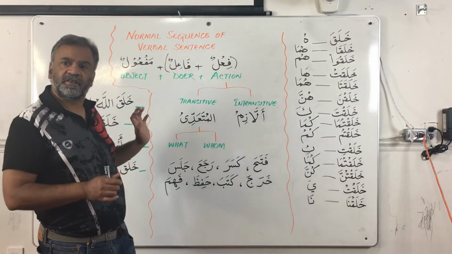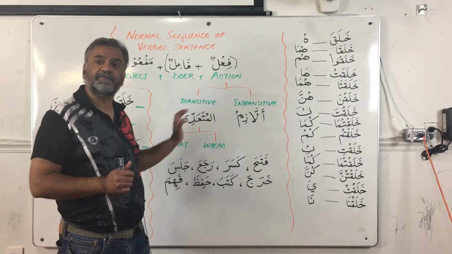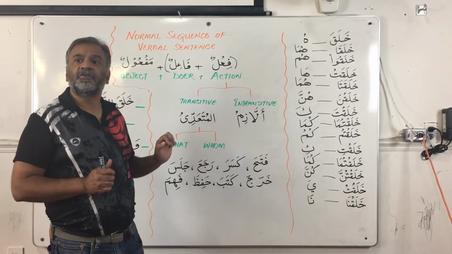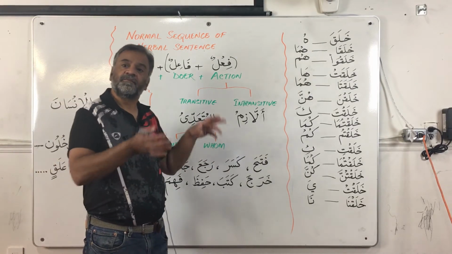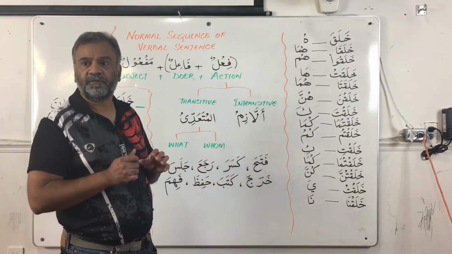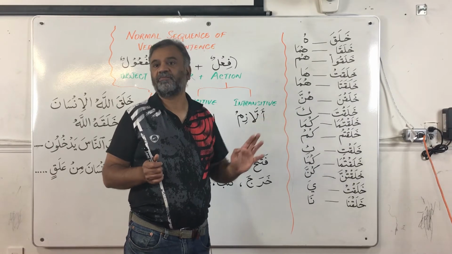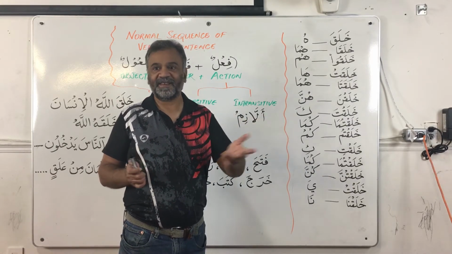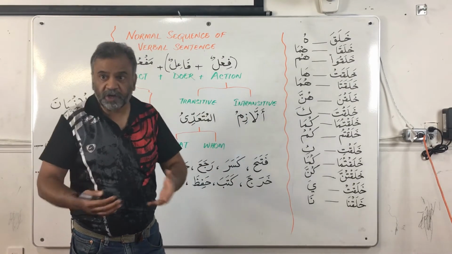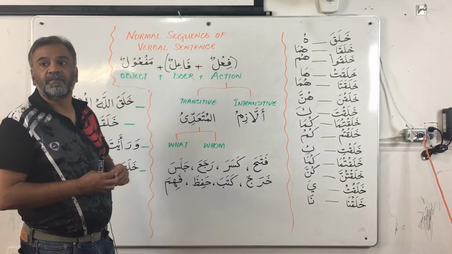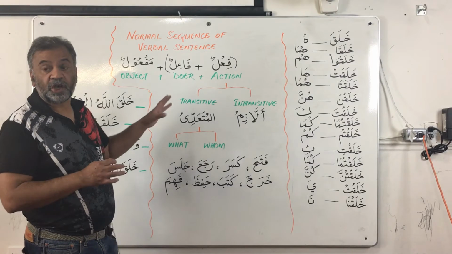So this is the first litmus test that we perform on a verb to identify it as transitive or intransitive. Now when we are reading Quran we don't have to identify, but for our own understanding we need to know what kind of verbs would need a maf'ulun bihi or the object.